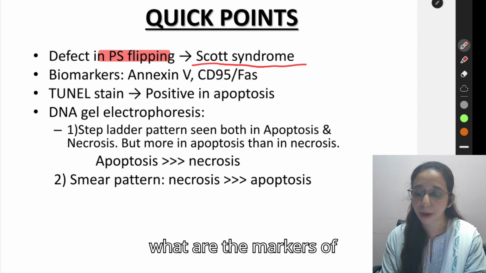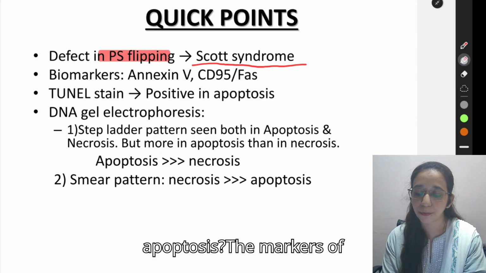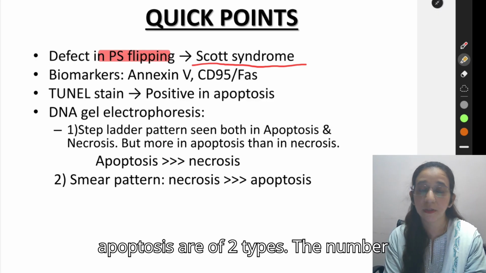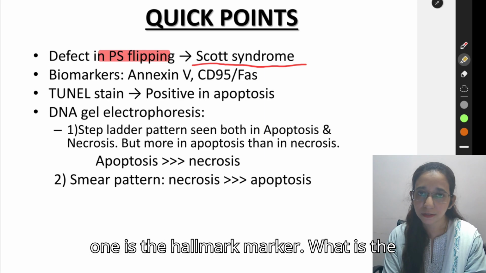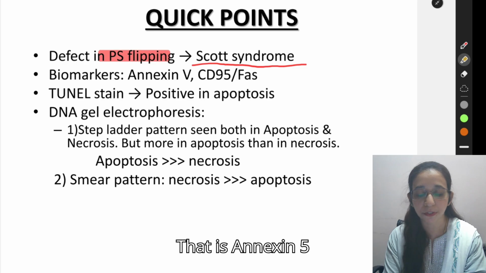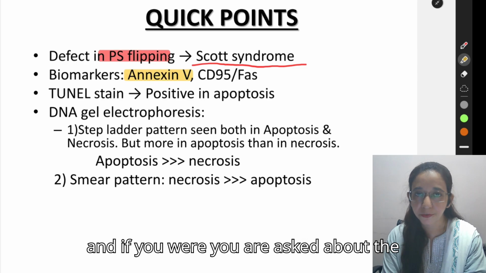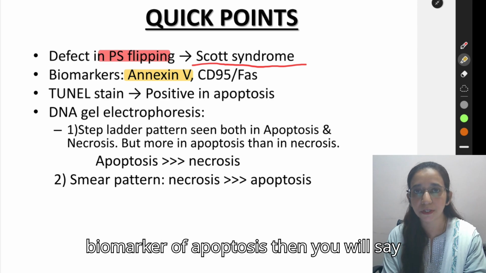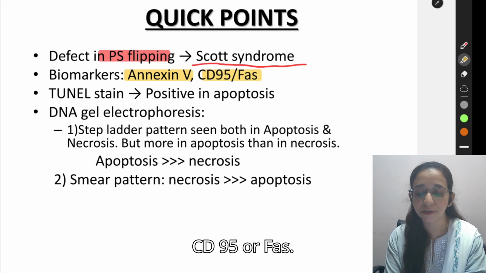Now, what are the markers of apoptosis? The markers of apoptosis are of two types. Number one is the hallmark marker. What is the important marker of apoptosis? That is annexin 5. And if you are asked about the biomarker of apoptosis, then you will say CD95 or FAS.